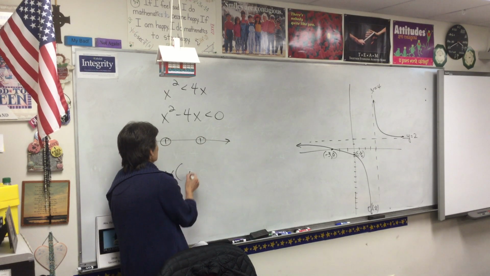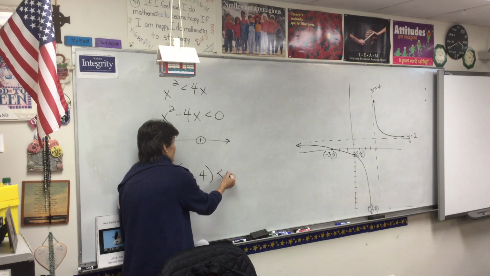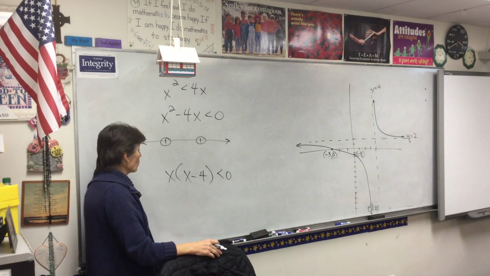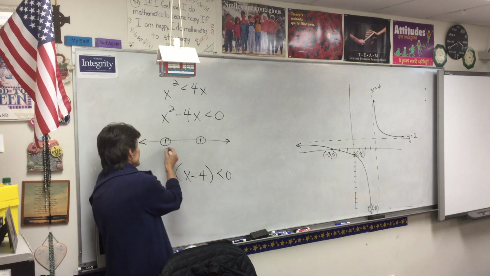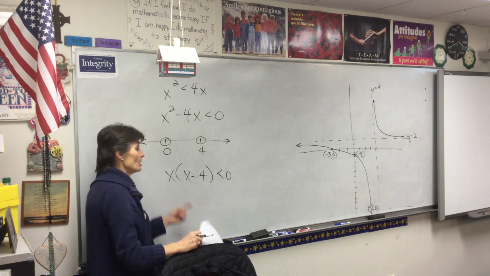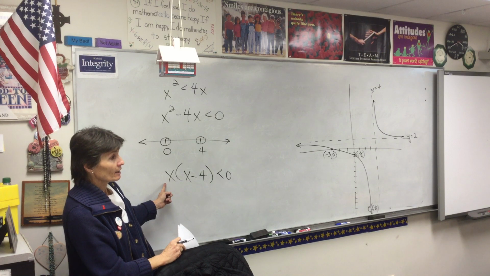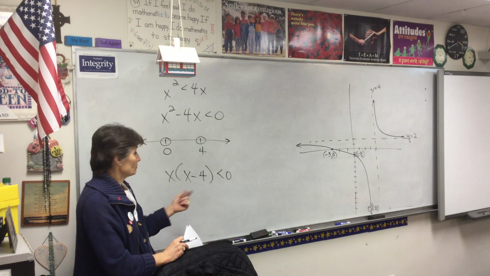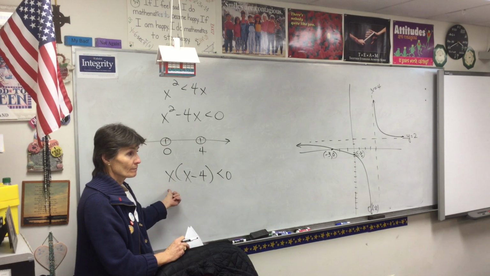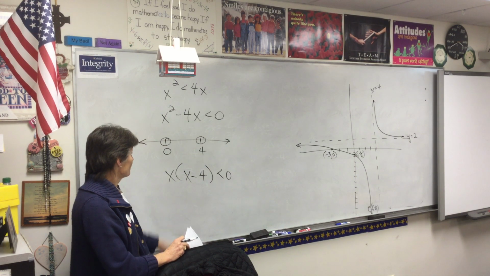That's how you factor it. So where will the dots be if I pull out the x? At 0 and 4. Remember when there's a plain x, that is a 0. This one's a 4.